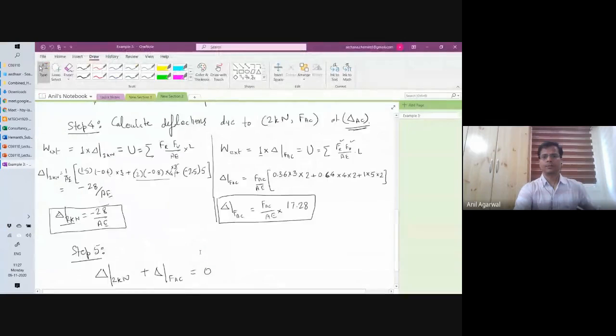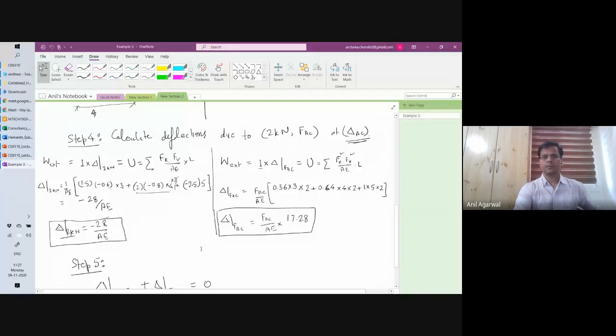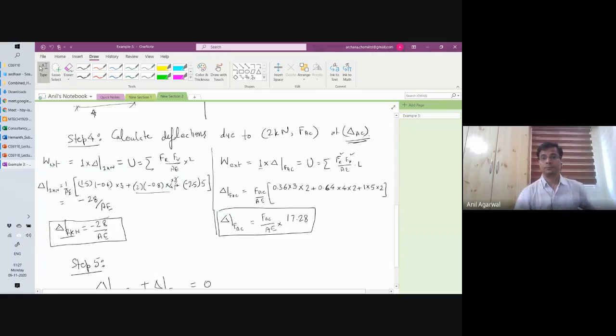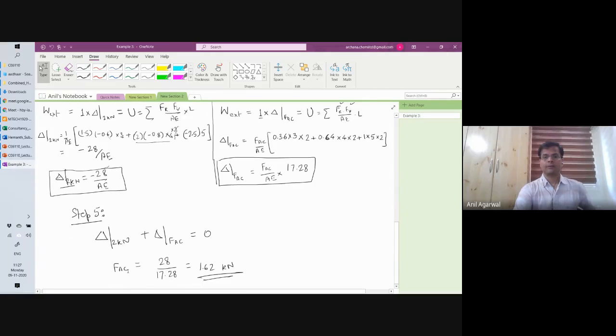Leo, can you hear me? Which part is not clear? There are three parts here. Delta due to 2 kilonewton is minus 28 by AE. Delta because of FAC is equal to 17.28 FAC by AE. And FAC is equal to 28 divided by 17.28. Which part is not clear?